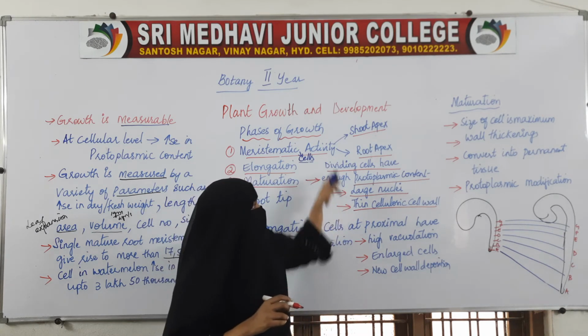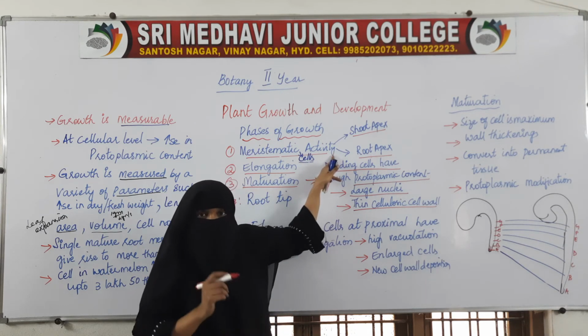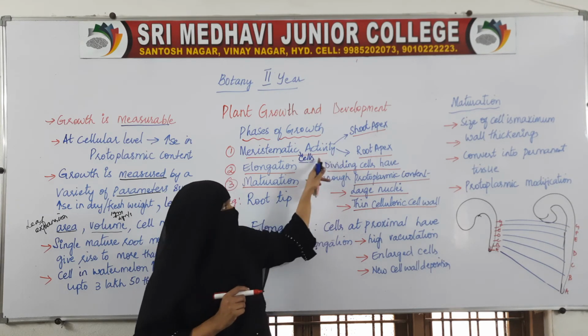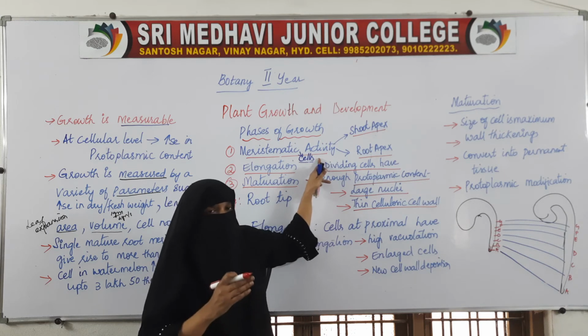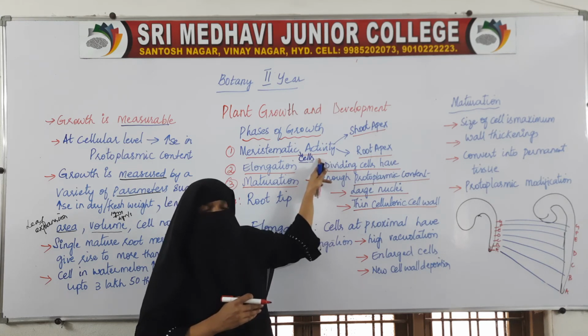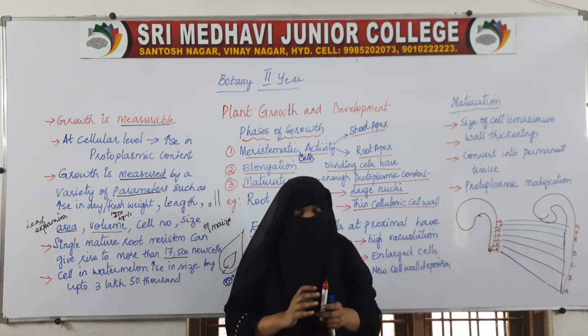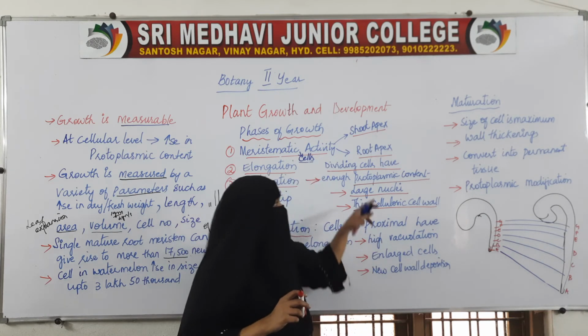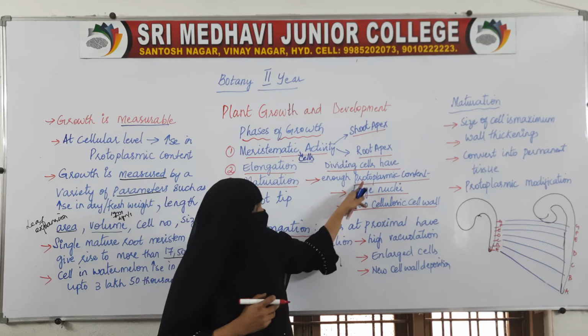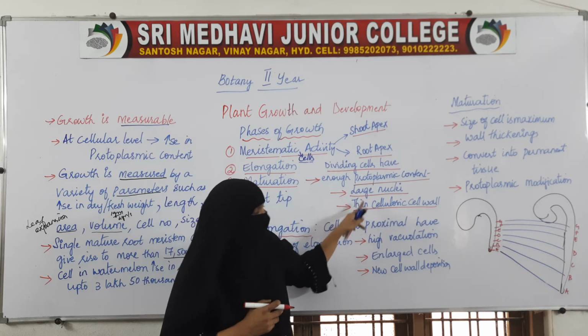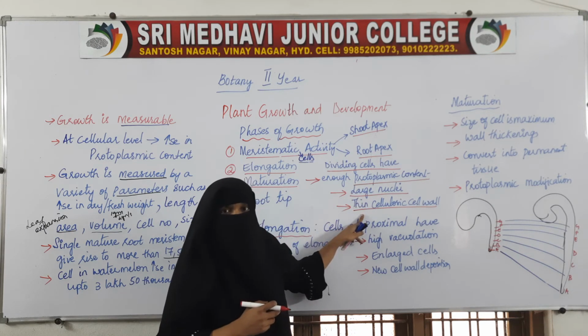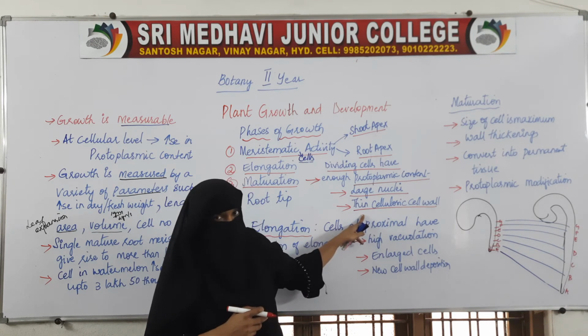So the first activity in growth is the meristematic activity: the meristematic cells continuously divide and produce many cells, which have enough protoplasmic content, large nuclei, and thin cell walls.